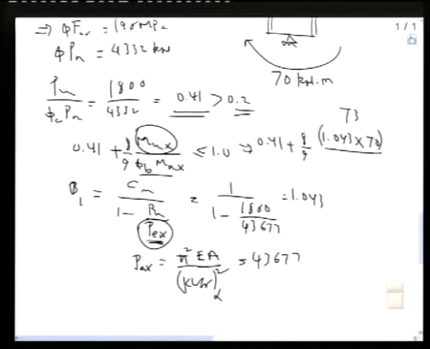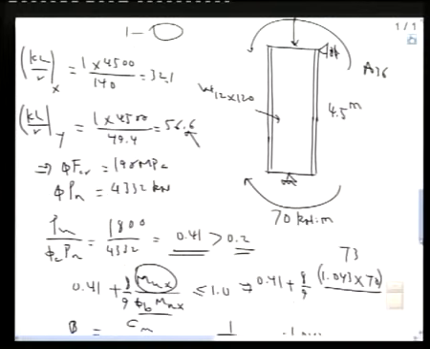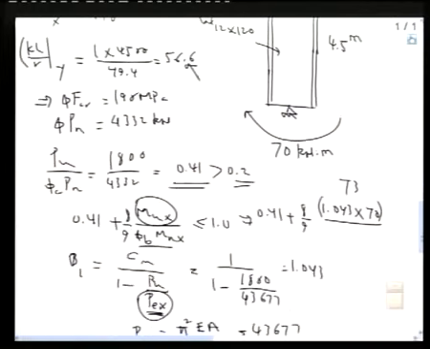Now, the material for this is A36. For an A36, we find that LB equals 3.9 meter, LR equals 22.7 meter.